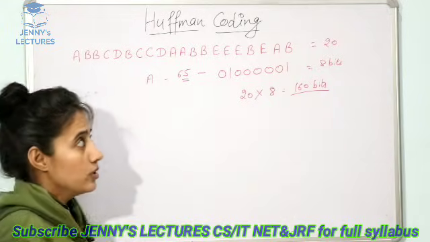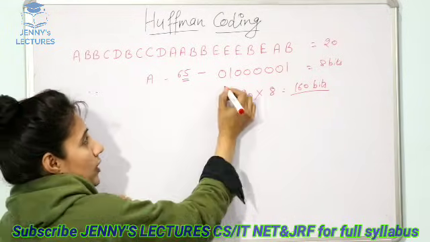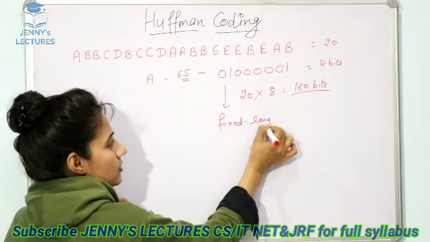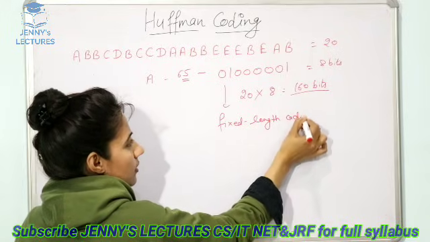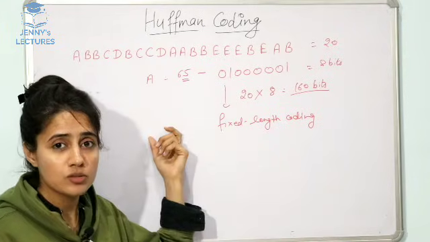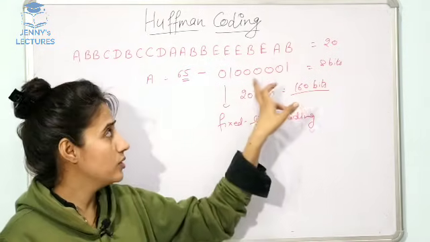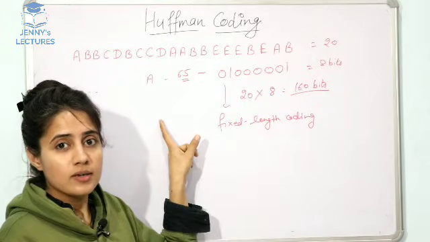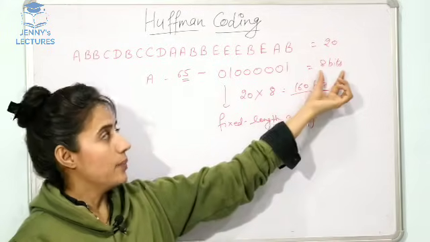Now this is also known as fixed length coding. Why is it known as fixed length coding? Because each character is simply a string of zeros and ones, and each character has 8 bits.